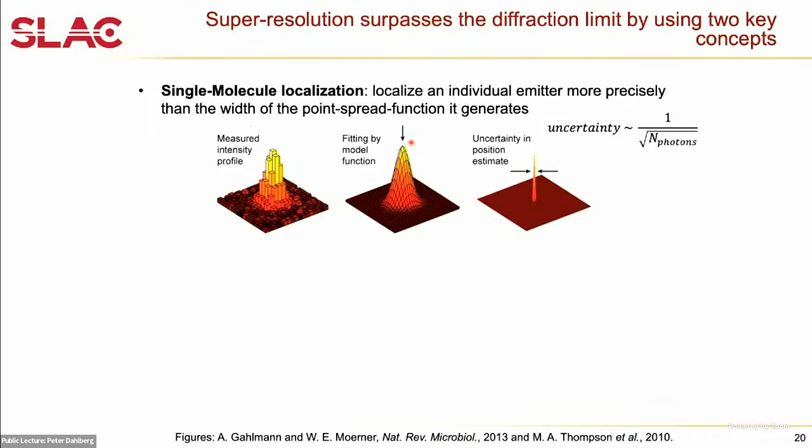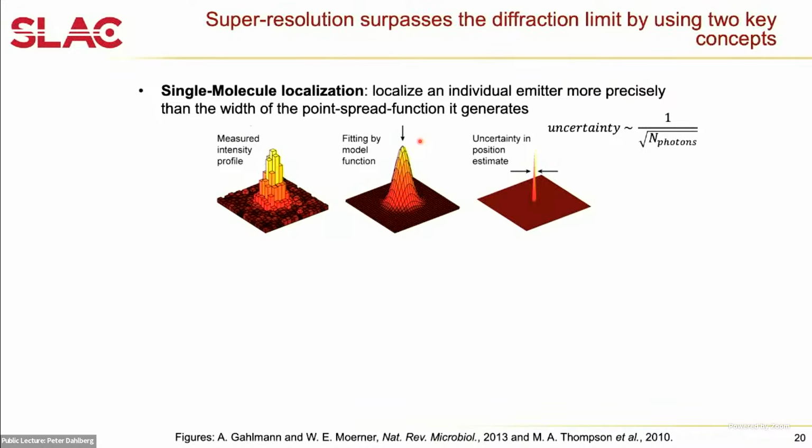In some sense, what I'm trying to do is find the peak of this mountain here. And I can do that with a precision that scales as 1 over the square root of the number of photons that I collect. So the more photons I collect, the more precisely I can determine the peak of this mountain, which is an indicator of the position of that individual emitter. Now, this first key concept in and of itself doesn't give me a super resolved image. All it does is tell me very precisely where an individual molecule is.